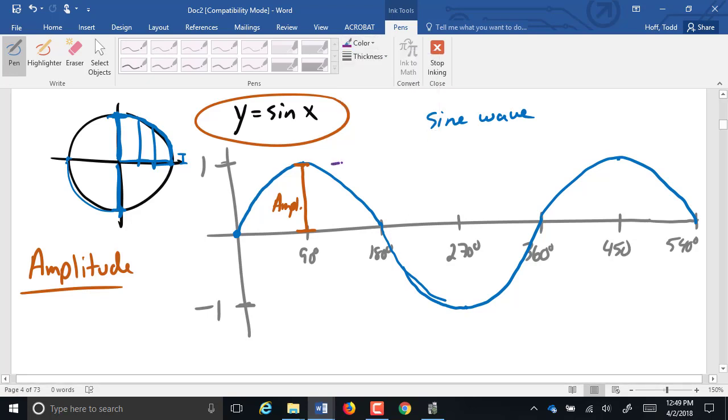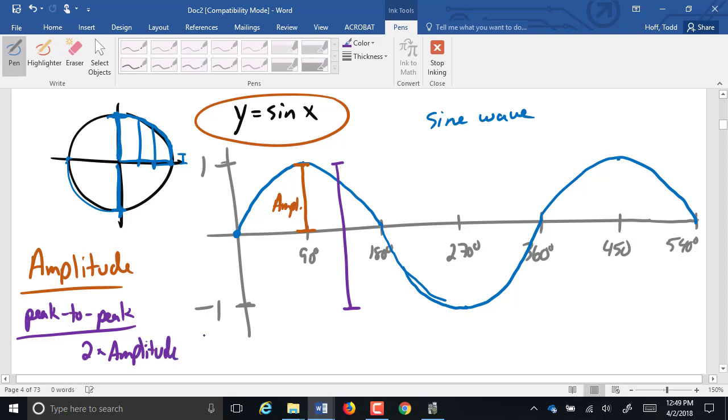There is something called peak to peak. That peak to peak distance is just 2 times our amplitude. So here we have an amplitude of 1. Our peak to peak, of course, is 2.